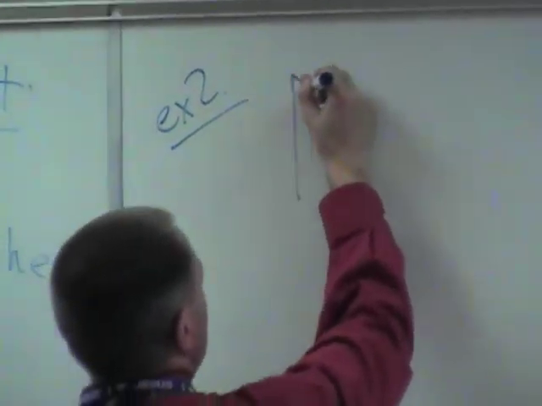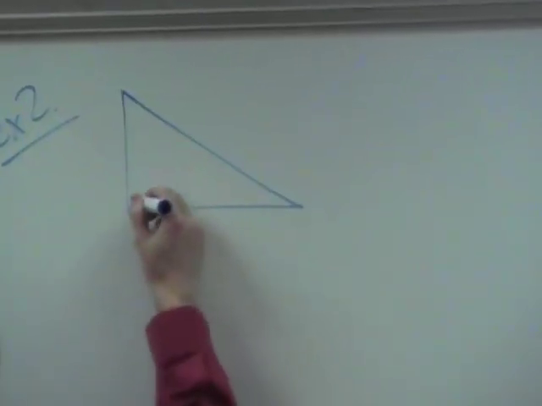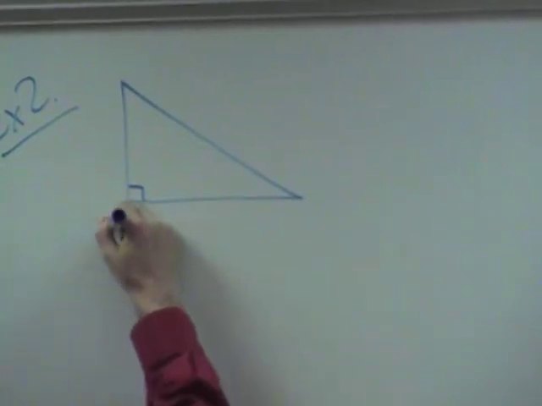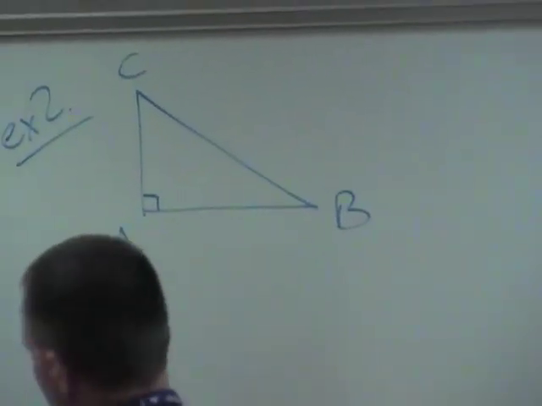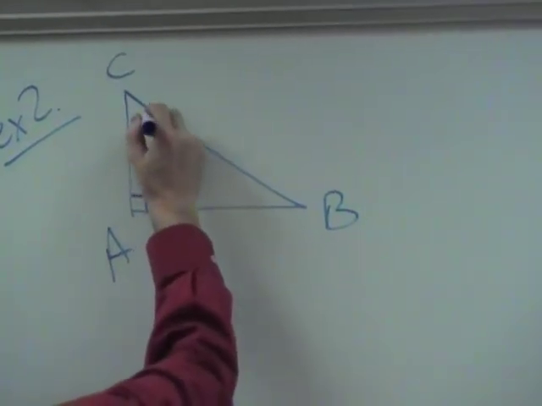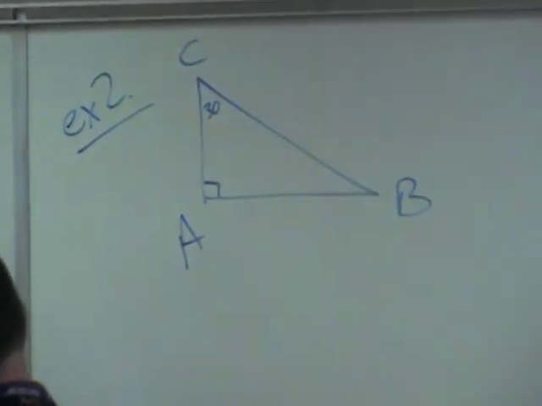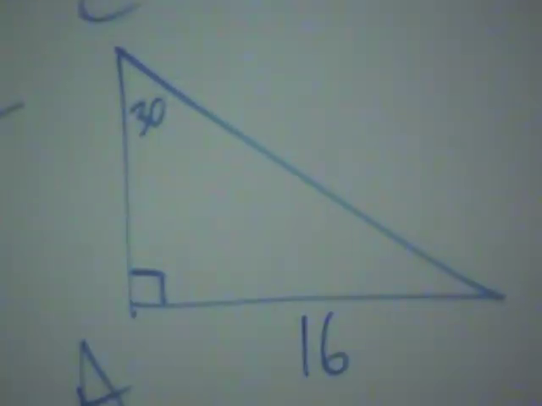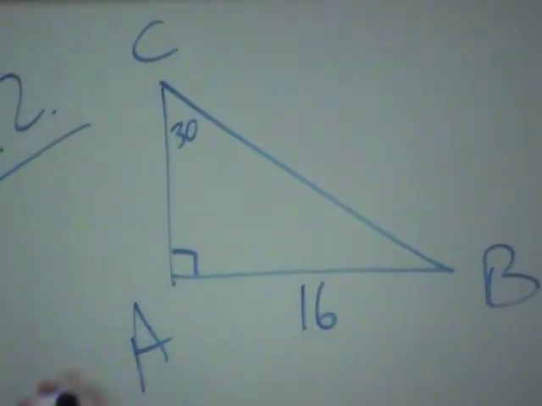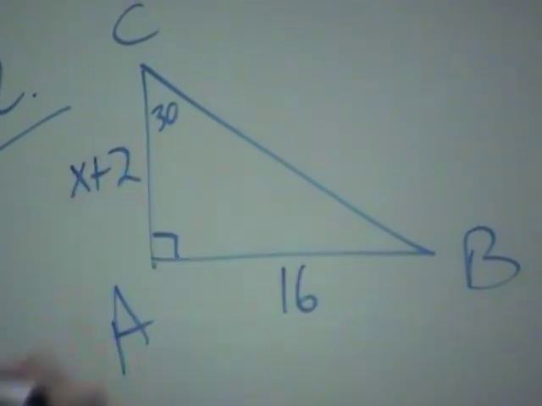Okay, so here let's do some math. That's what you wanted to do, right? So we have triangle ABC. At angle C, it's 30 degrees. AB is 16 units long. And AC is x plus 2 units long.